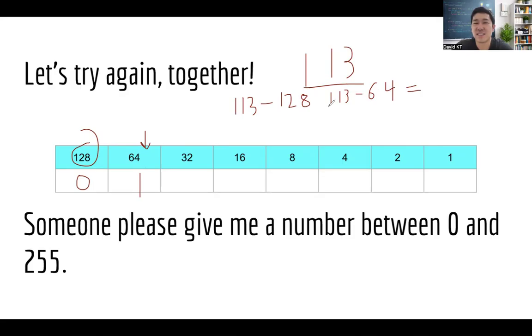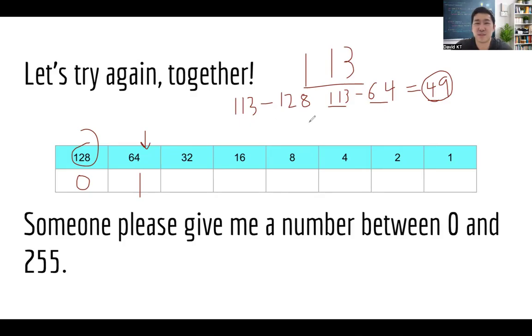What is 113 minus 64? It's 49. Do you need a moment to use a calculator? Anyway, it's 49. What's our new number to work with? 49. By the way, feel free to use a calculator if you want.